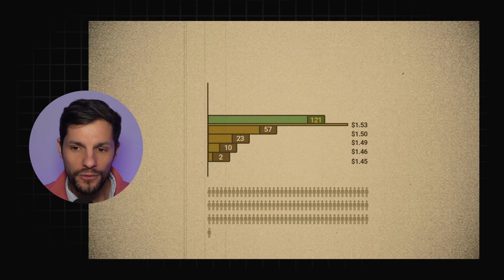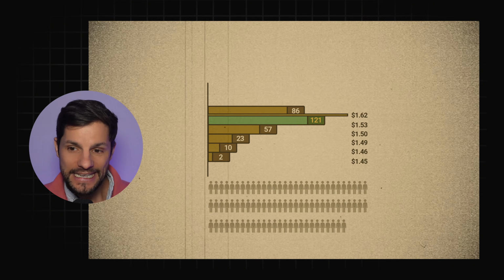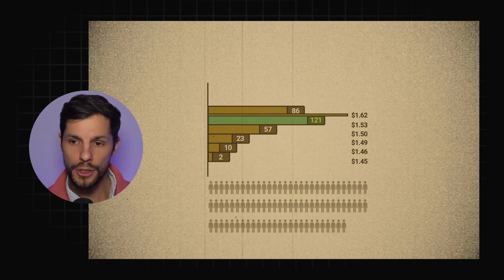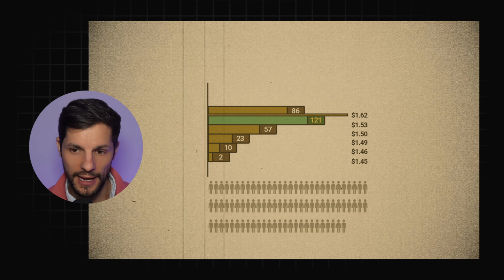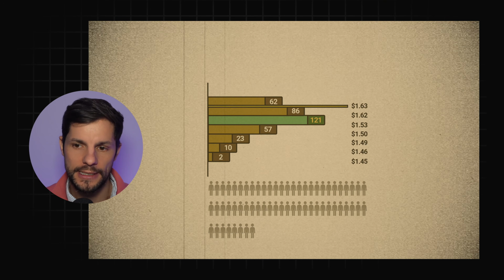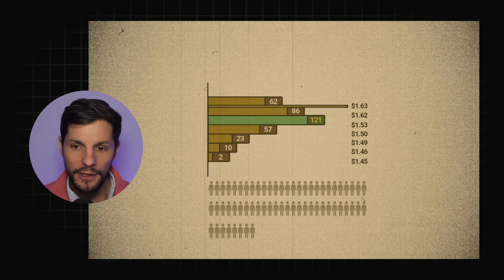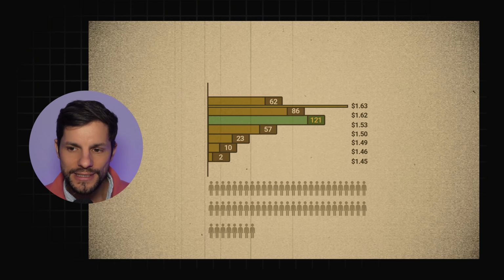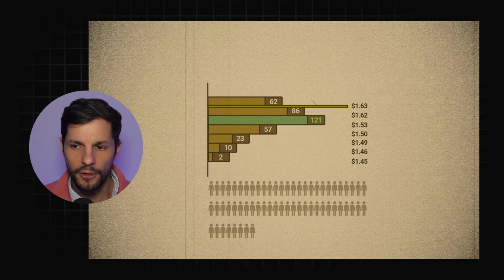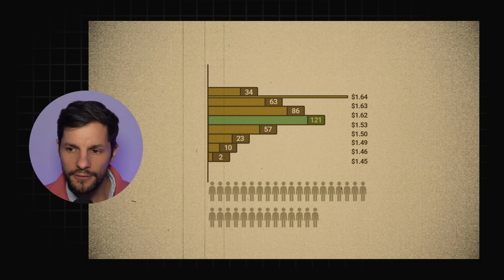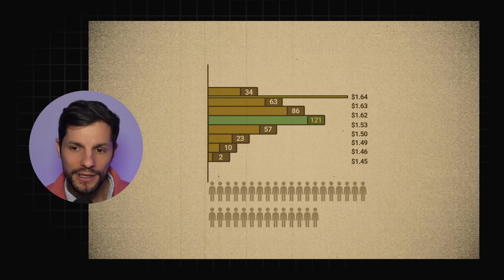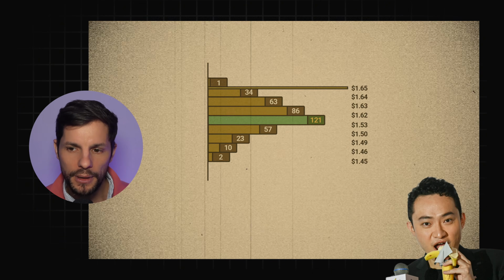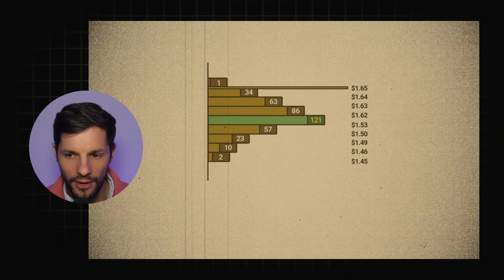So moving on, 86 new bidders come in even higher now at $1.62. Just after that, 62 more bidders, still lifting the bid at $1.63. Then right after, we start to see a drop in participation from 62 down to 34 bidders at $1.64. Right after, we only have one bidder at $1.65.